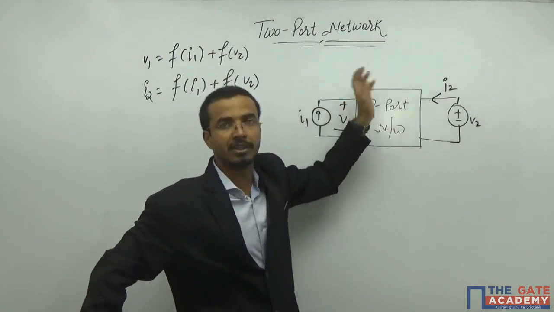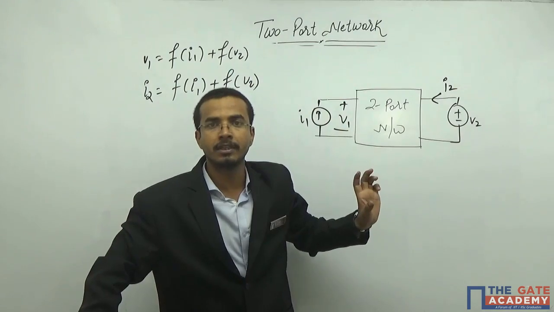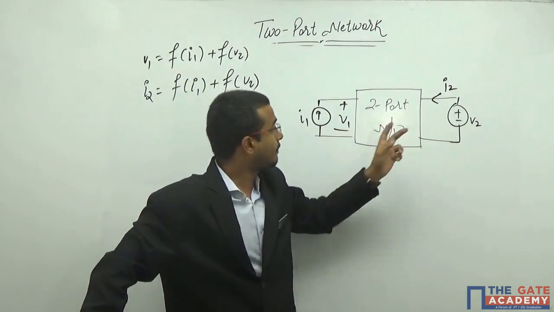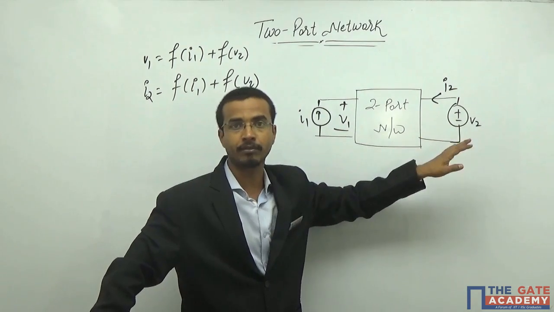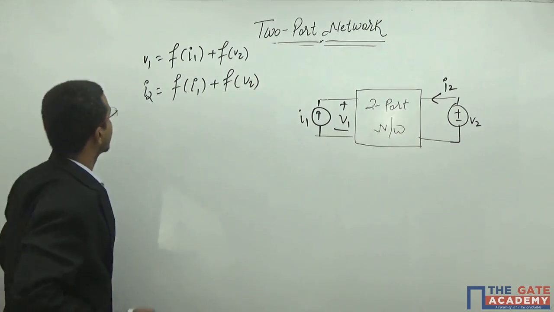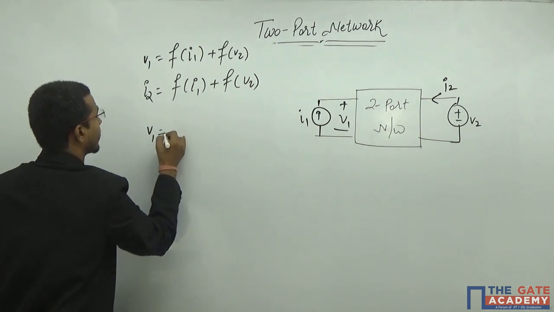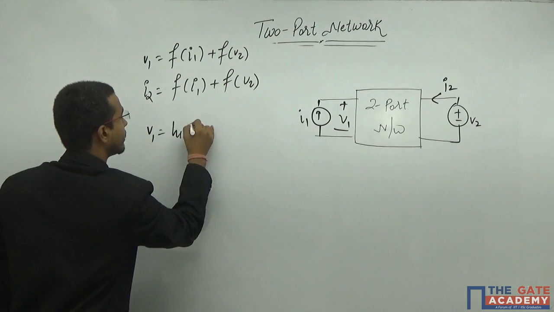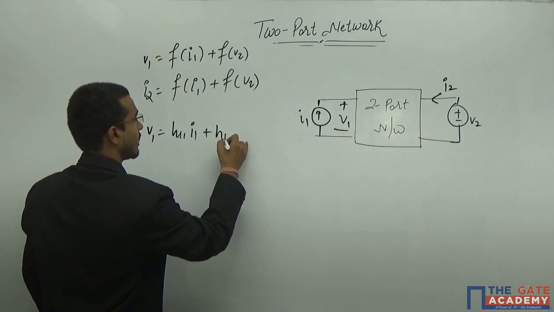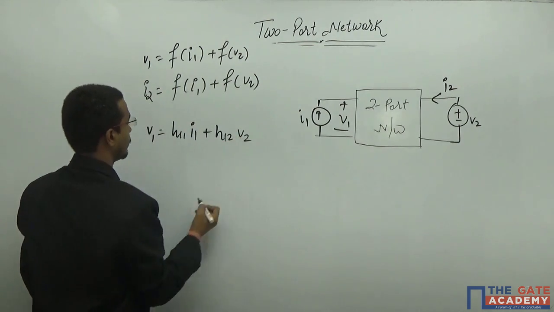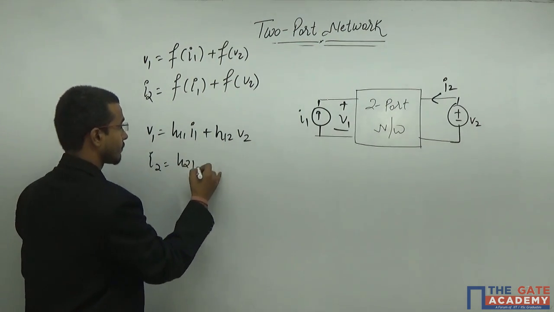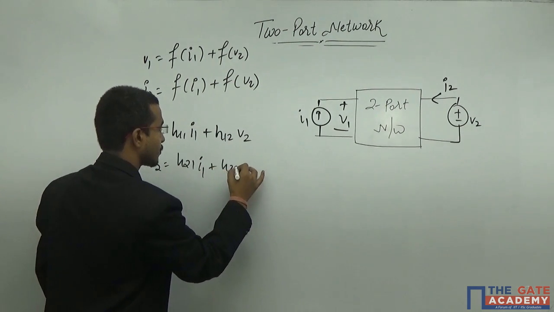Because it is a linear network, it can only change the magnitude of the numbers, not the nature of the sources. That means V1 can be written as H11 I1, which is just a pure constant number, plus H12 V2, and I2 will be H21 I1 plus H22 V2.